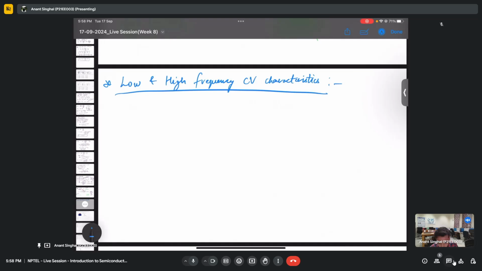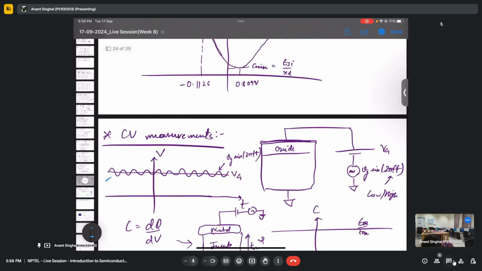By low frequency, what we mean in general is we are sweeping the DC voltage very slowly, and the AC signal that we have applied on top of the DC is also having a very low value. So this is what we have, a low frequency.